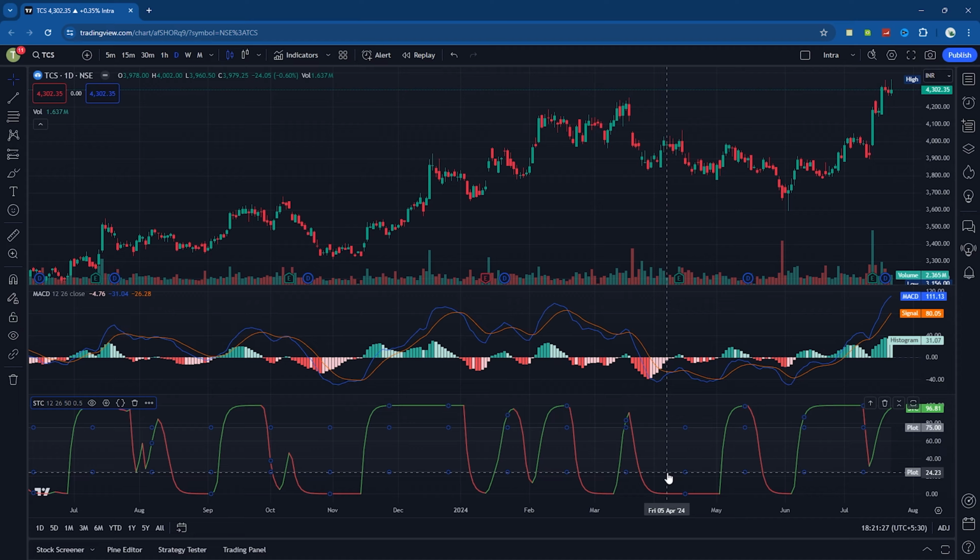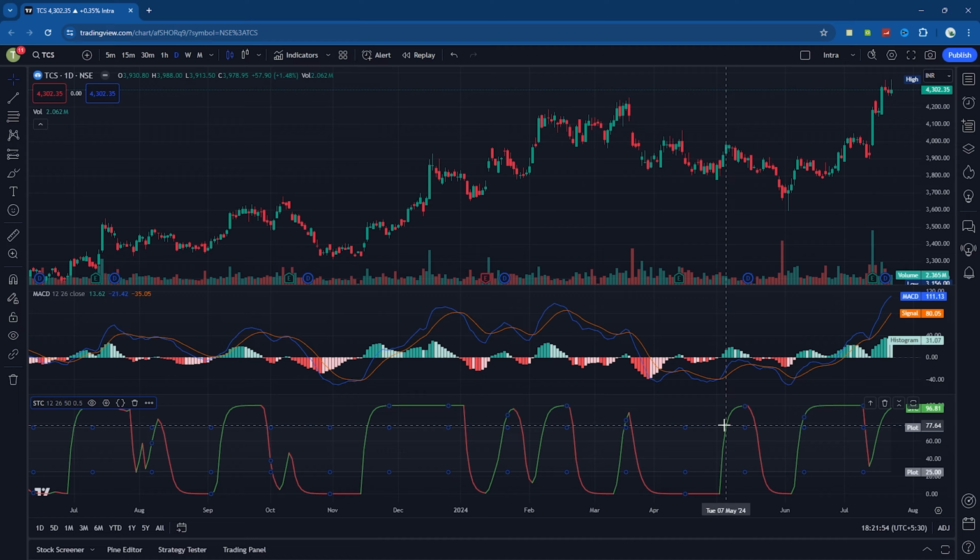The STC line oscillates between 0 and 100, similar to our RSI indicator. But here it's cyclic. What it means is, when the STC line crosses above 25, it indicates a potential buying opportunity, which you can see over here as a green line.